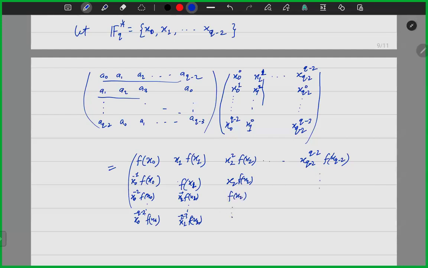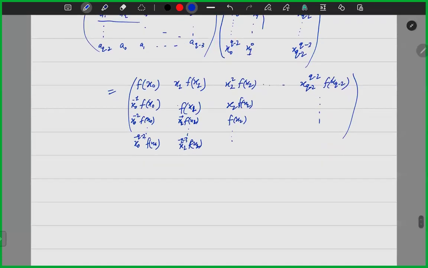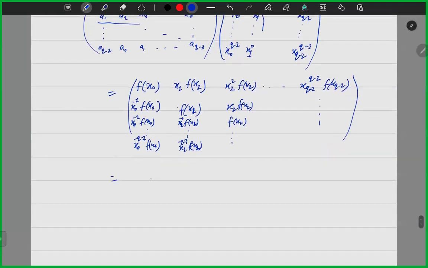Similarly, what you see here is this. The first column is F(X0) times some 1, X0 inverse, and so on, up to X0 power minus Q minus 2.